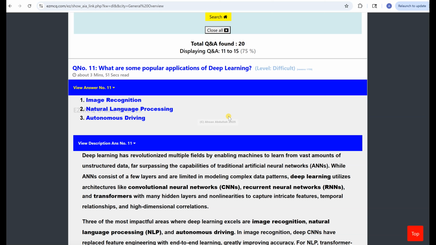Deep learning has, as a matter of fact, revolutionized natural language processing by using RNNs and LSTMs, which we will be covering in this course, and transformers like BERT and GPT.